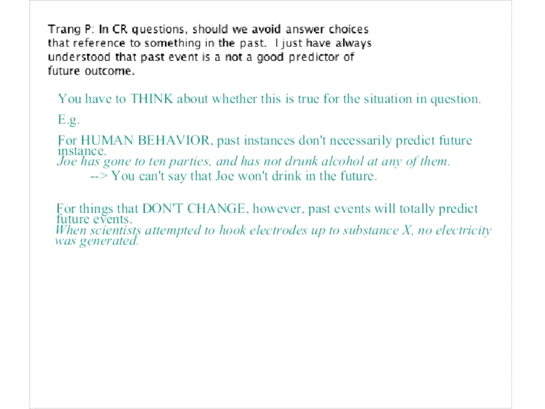If this didn't happen once, it's not going to happen at other times, too. This is a thing that either happens or doesn't. This either will or won't happen, because that's how things work in chemistry. So therefore, you can absolutely trust that substance X won't suddenly start conducting electricity in the future.